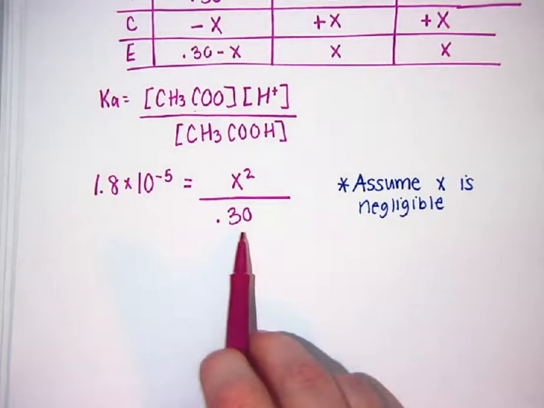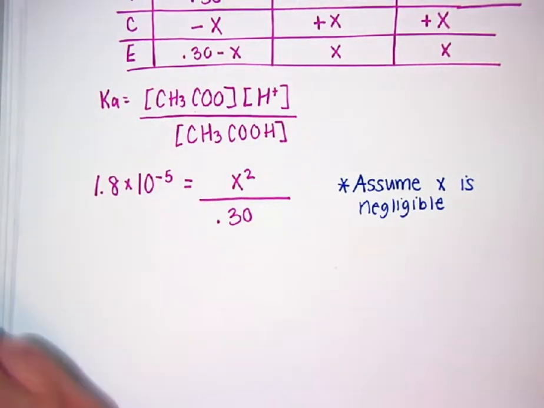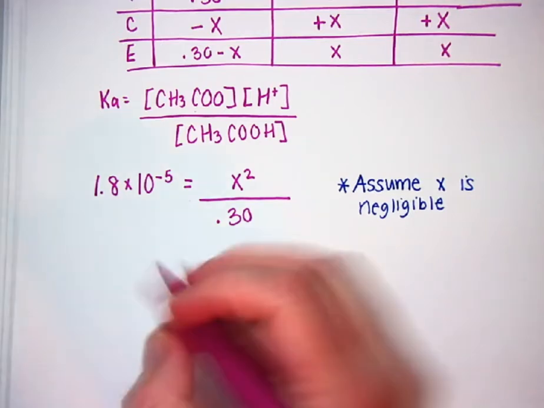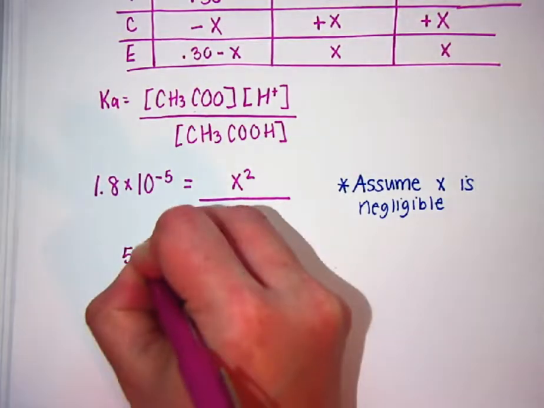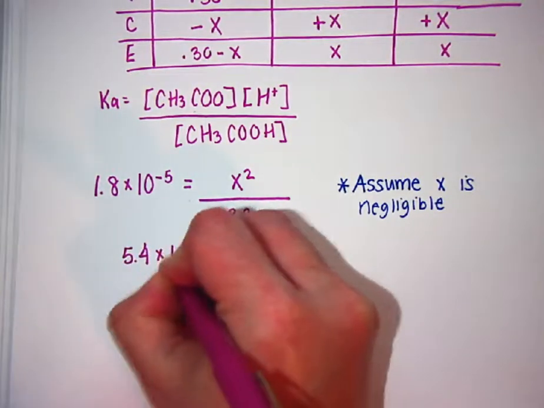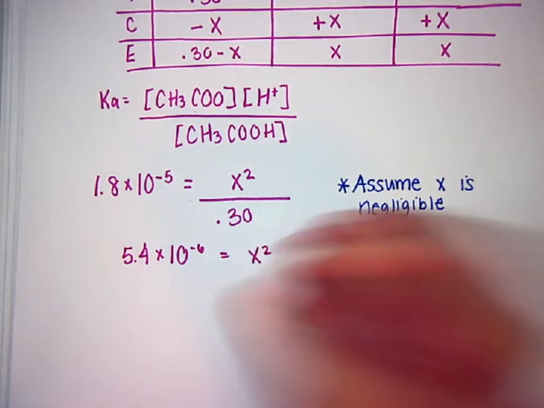So let's multiply both sides by 0.3. So 1.8 times 10 to the negative 5th times 0.3 gives me 5.4 times 10 to the negative 6 is equal to x squared.